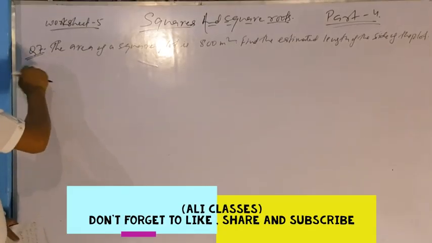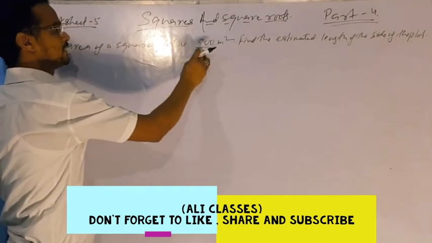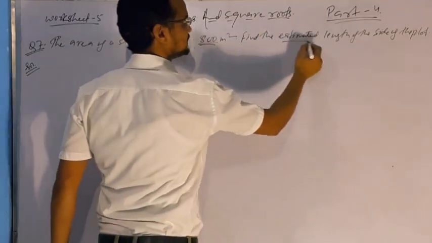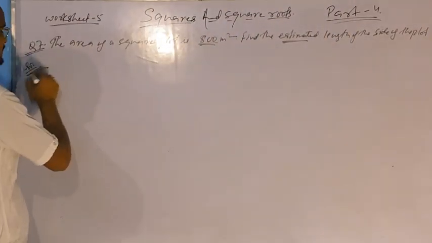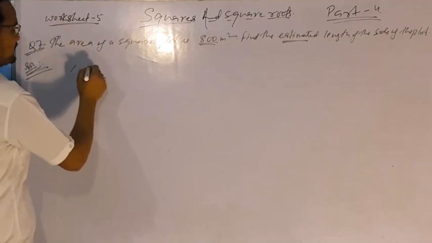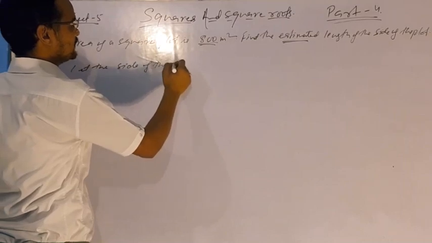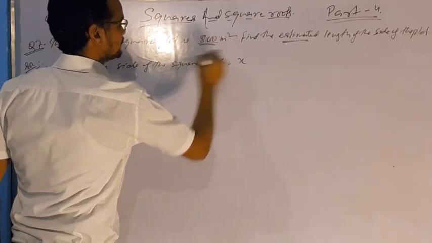Now our question is that the area of a square plot is 800 meter square. Area of a square plot is 800 meter square, and we have to find the estimated length of the side of the plot. Then we'll do as in the previous questions. Let the side of the square plot be equal to x.